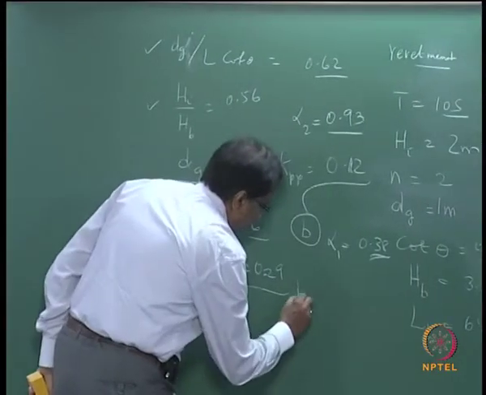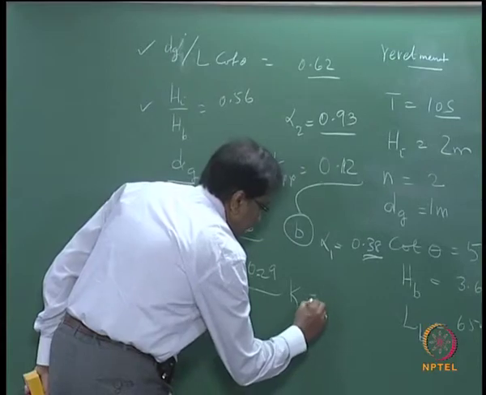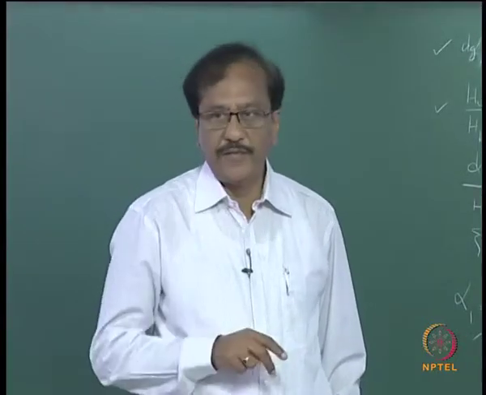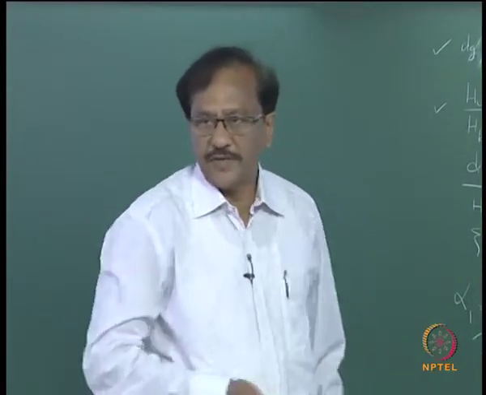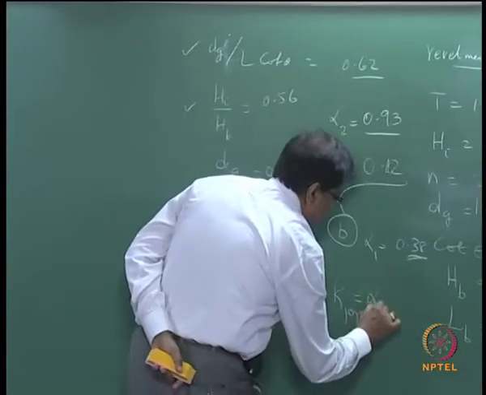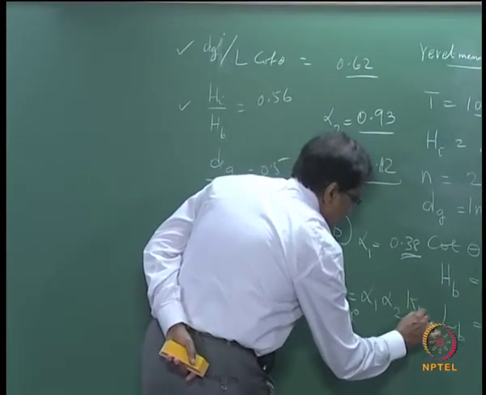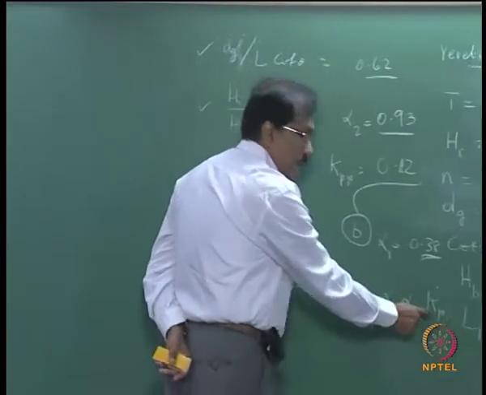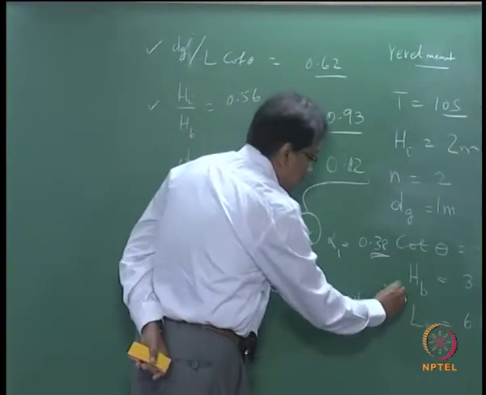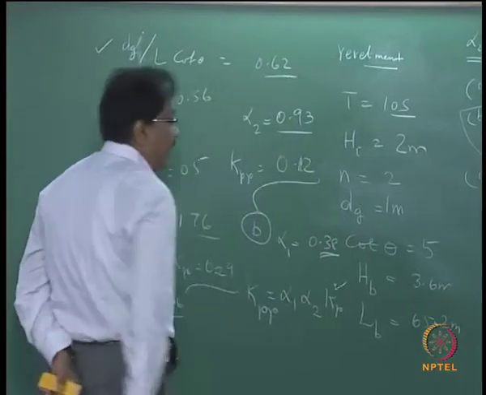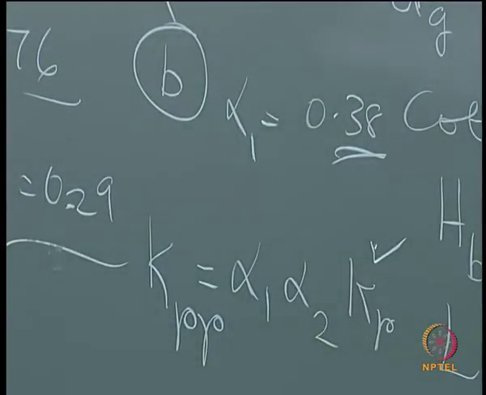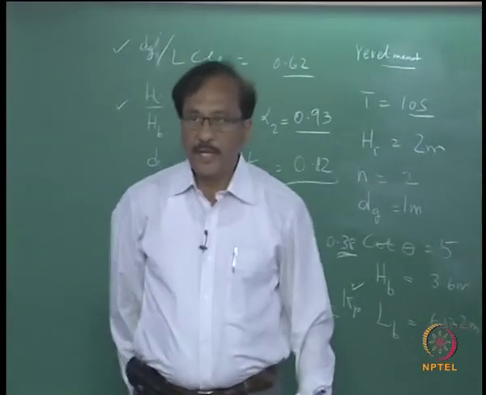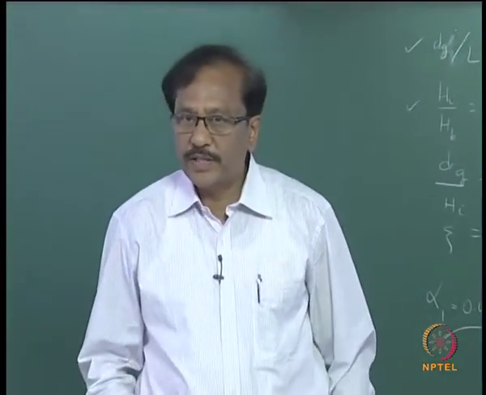So what is KRR? KRR has to be multiplied by the two correction factors with the one without any correction factors. And alpha 1 is 0.38 and KRR is now 0.1, understand?